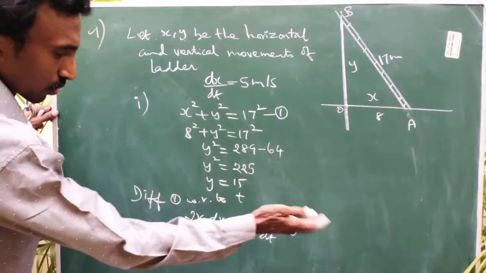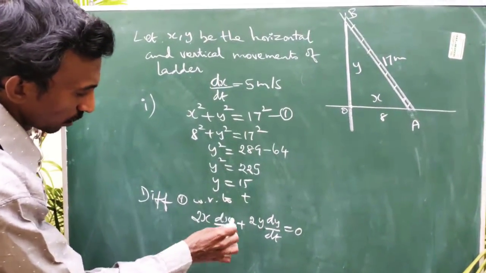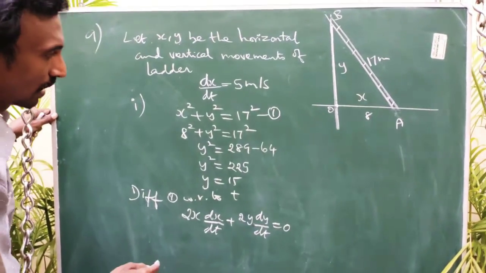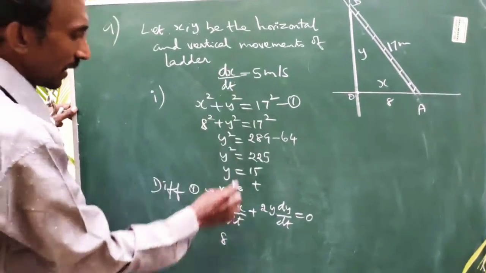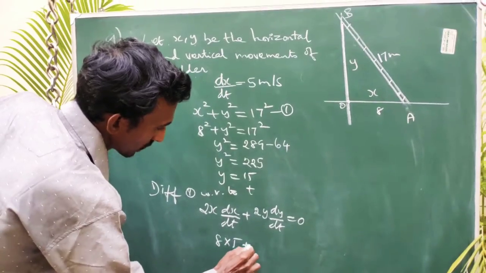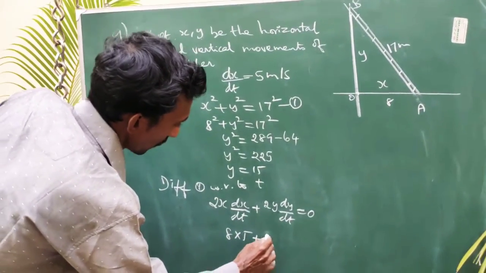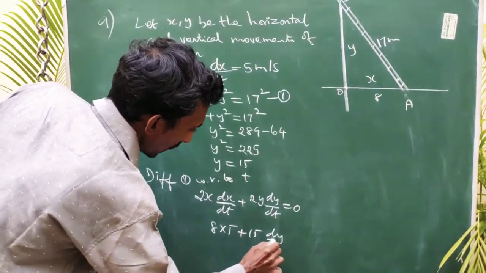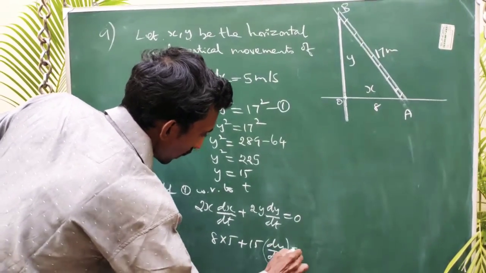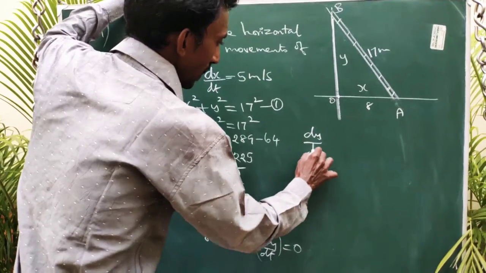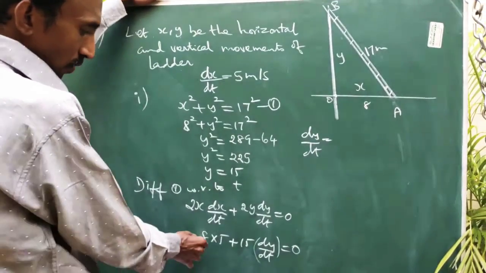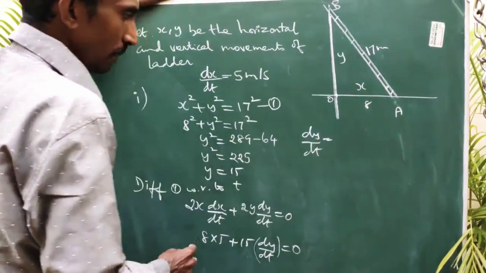So we can leave the 2. Put the known values and find out the unknown value. We know x is 8 and dx by dt is 5, plus y is 15 into dy by dt equal to 0.